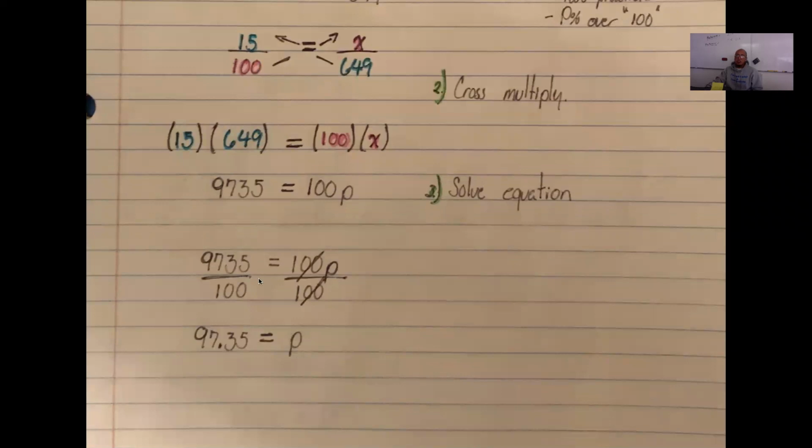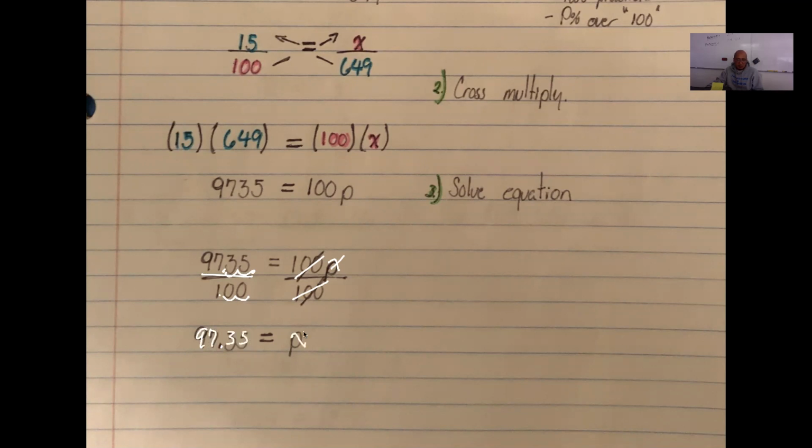Now, there is a shortcut when you're dividing by 100. If there's a decimal, you work from that decimal. In this case, because it's a whole number, the decimal is here at the end, and you're moving it over 2 times. That's going to give me $97.35.